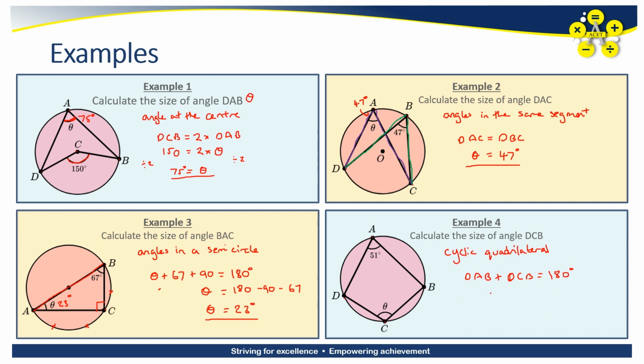I'm going to sub my numbers in. Angle DAB is 51. DCB we don't know, so it's theta, equals 180 degrees because our theorem says so. To calculate theta then, we just need to take away 51 degrees to find the difference, which gives us an answer of 129 degrees. And we're done.